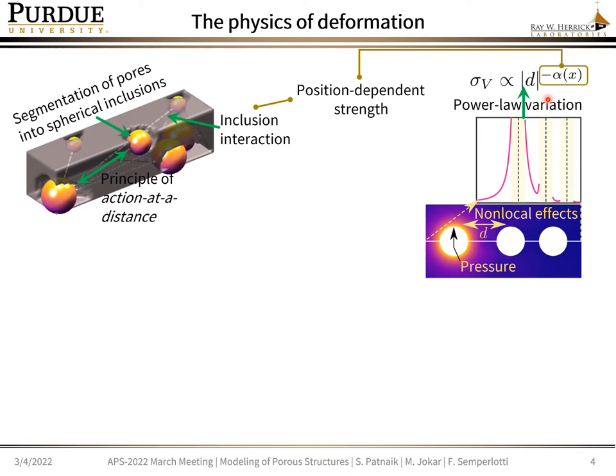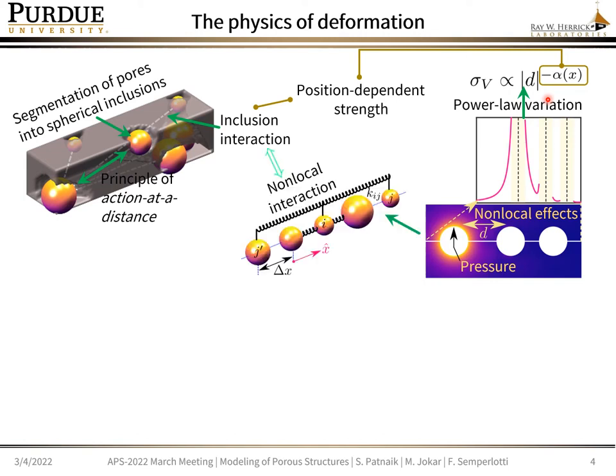of non-local effects. Now, in order to find a mathematical expression to characterize this phenomenon, we constructed a 1D lattice with non-local connections embedded with this power law decay and the position dependent strength in the lumped stiffnesses, of course.